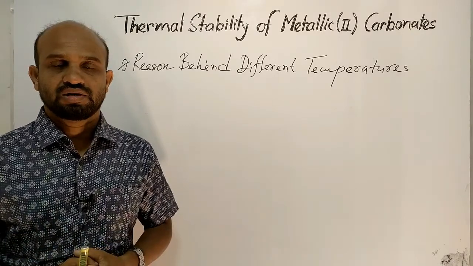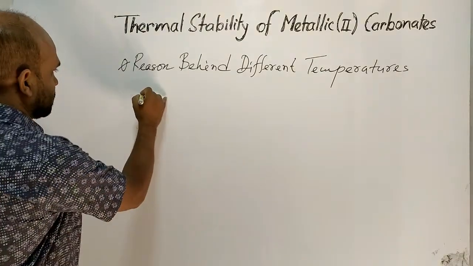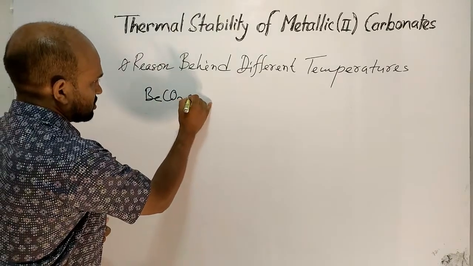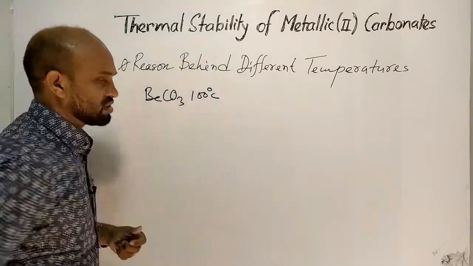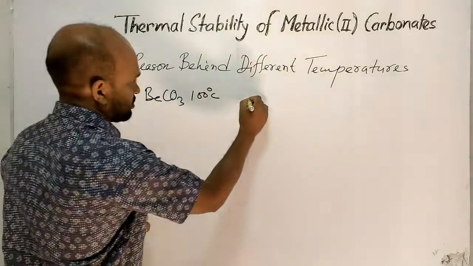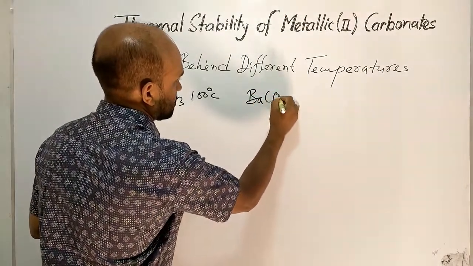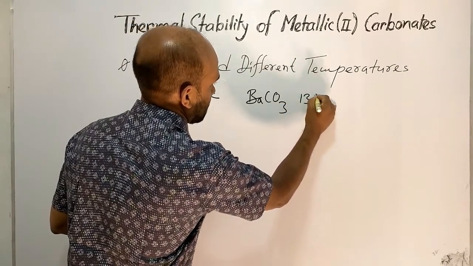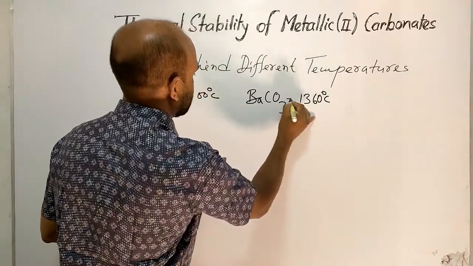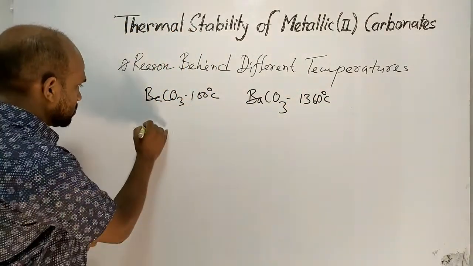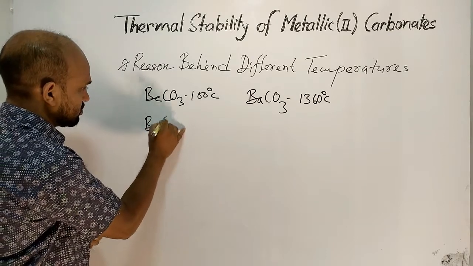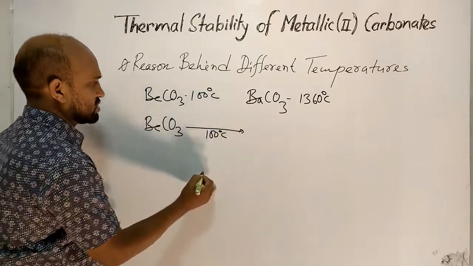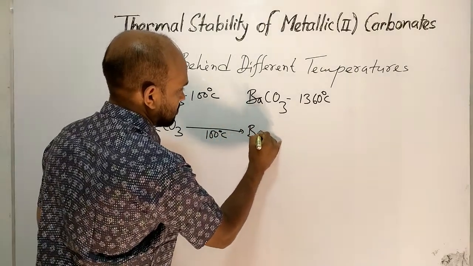From the previous point we learned for beryllium carbonate it requires 100 degrees centigrade temperature to decompose, and for barium carbonate it is 1360 degrees Celsius temperature.